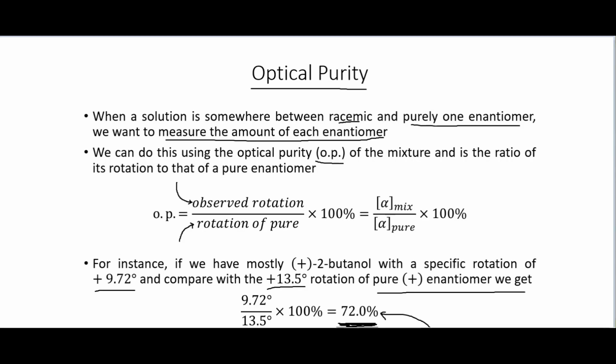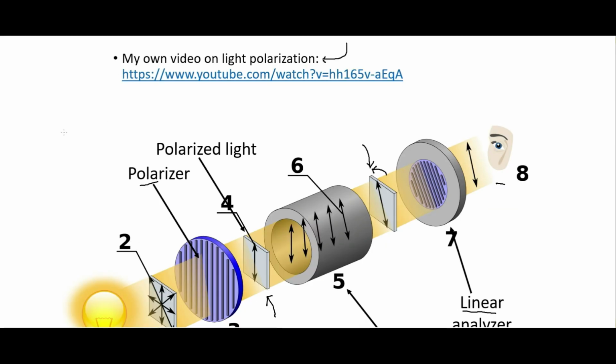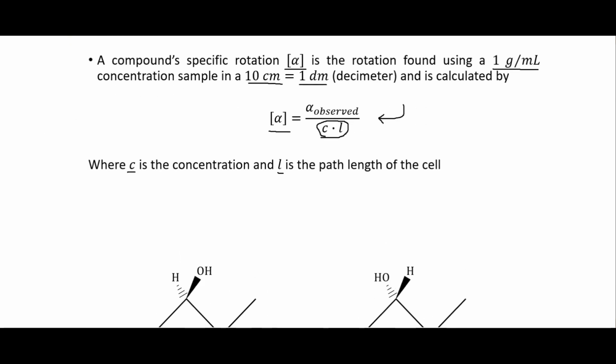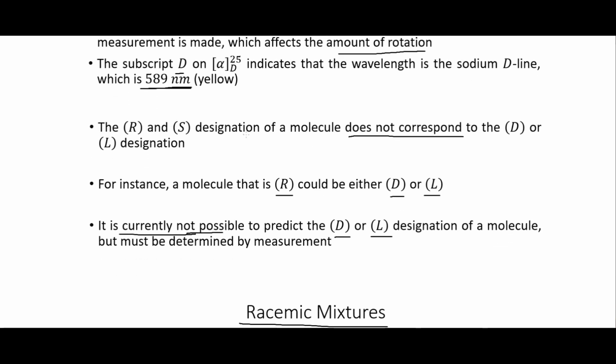So yeah, that is what I wanted to talk about in this video. So polarimetry, remember, gives us this other way of classifying enantiomers using this D and L, or plus and minus system. But that system is not in perfect correspondence with the RS system.